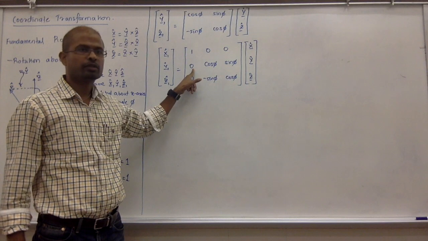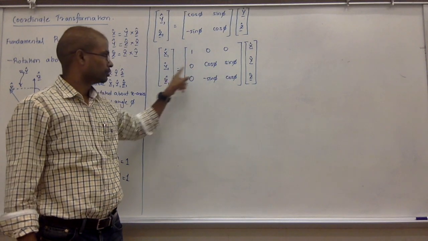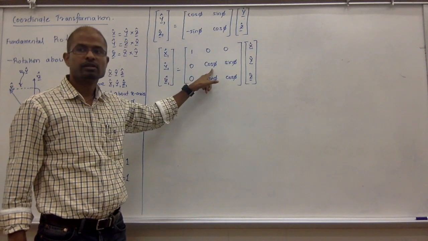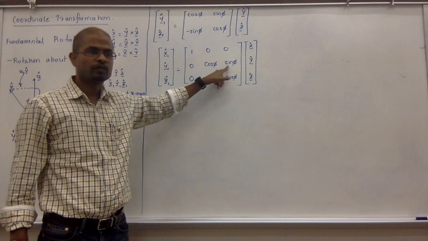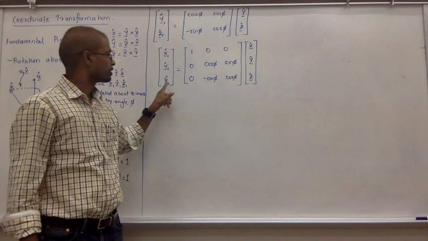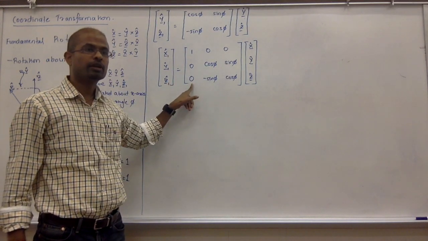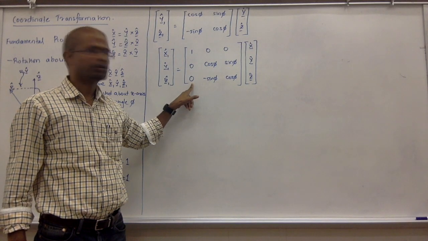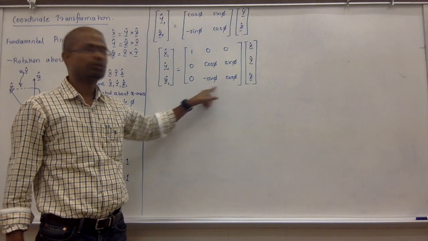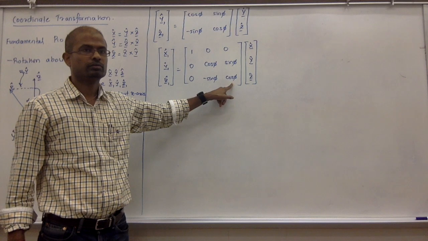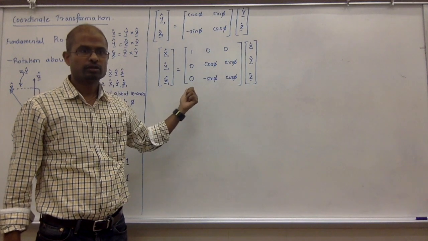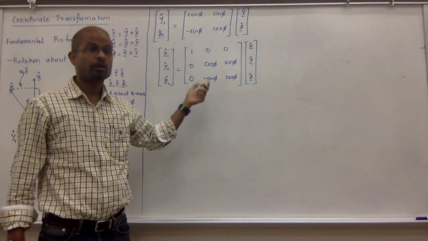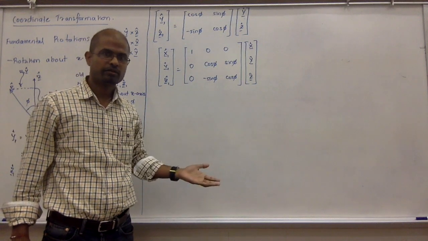It will not have any x component, but it has y component. It has z component. Z1 doesn't have any x component. This is its y component. This is its z component. Got it? This is a fundamental rotation about x-axis by an angle phi.